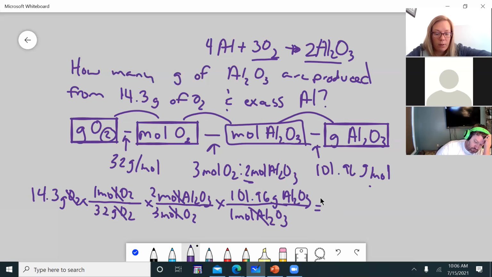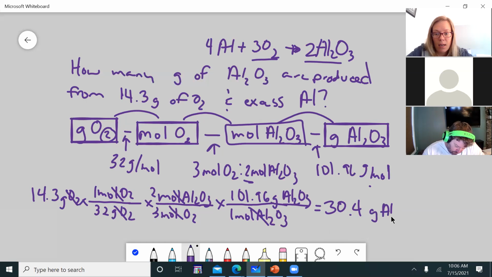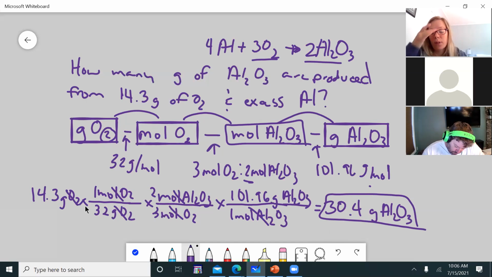So 14.3 multiplied by everything on the top, divided by 32, divided by 3, we get 30.4 grams of Al2O3. So if you have 14.3 grams of O2 and an abundance of aluminum, you can produce 30.4 grams of Al2O3. Any questions on that?